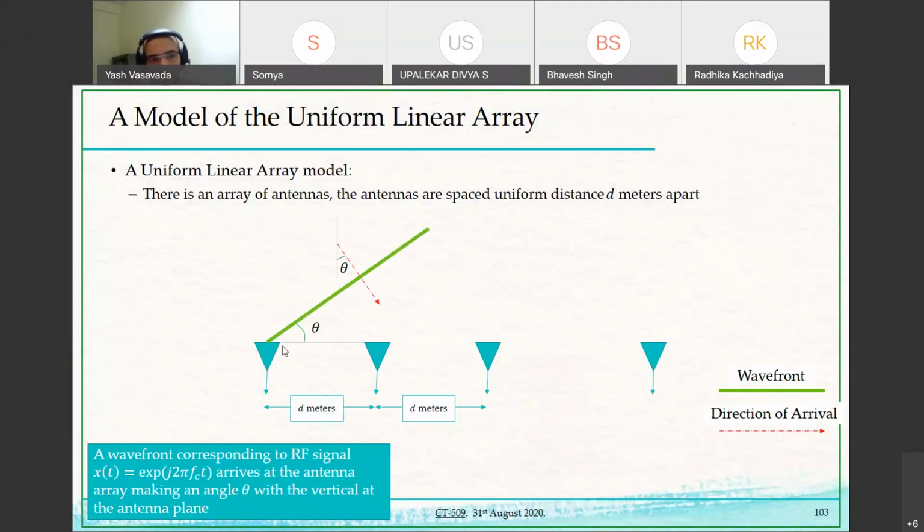And what we are going to say is that there is some transmitter who is far away and who has transmitted some electromagnetic signal. That electromagnetic signal is again a narrowband signal, so it can be represented essentially as a complex exponential. Typically, there will be those symbol terms present here, but right now we are not looking at that.